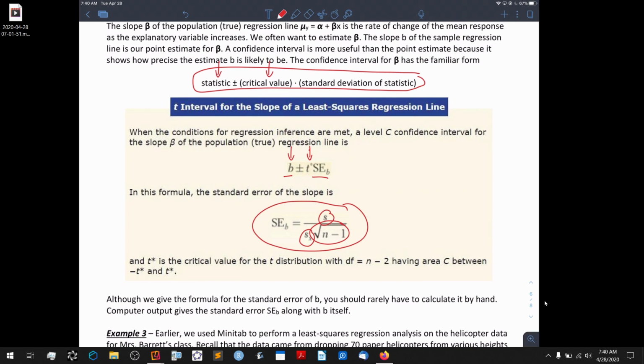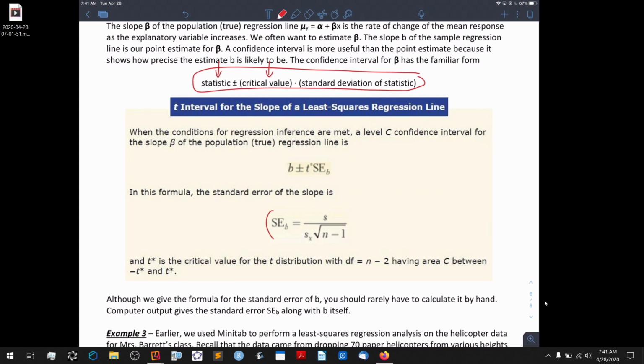So why this works, how this works, I really wouldn't spend too much time worrying about this. For our class, this is a number that you'll just be given, okay? Or you will be given data and your calculator will just spit out the interval for you, because there's a test for a confidence interval to estimate the population regression line slope. So there's a test for that on your calculator, so you can do that.